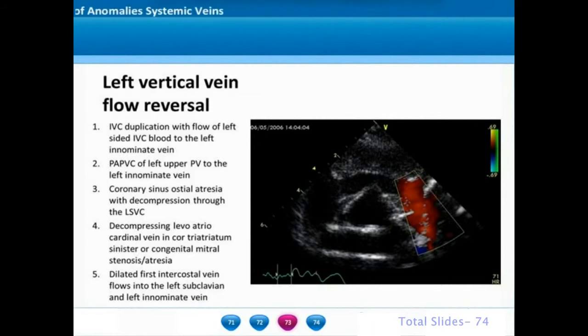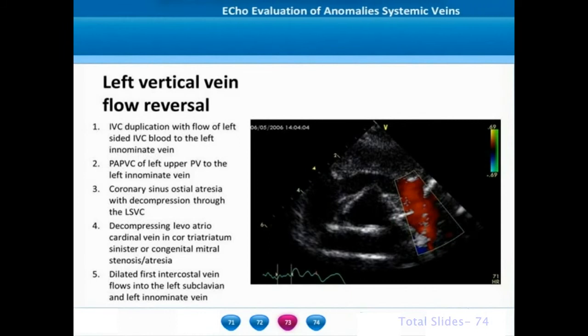Whenever there is a flow reversal in the left vertical vein into the left innominate vein, as shown by a red colored flow on the suprasternal coronal plane sweep, the reasons can be IVC duplication with flow of the left-sided inferior vena cava blood towards the left innominate vein, or an anomalous pulmonary venous drainage of the left upper pulmonary vein to the left innominate vein, or it can be due to coronary sinus ostial atresia with decompression through the left superior vena cava.